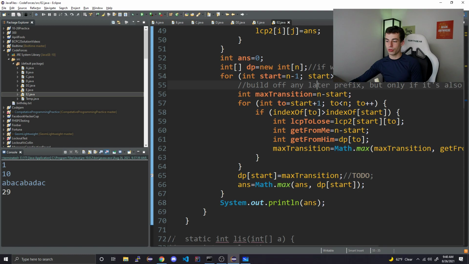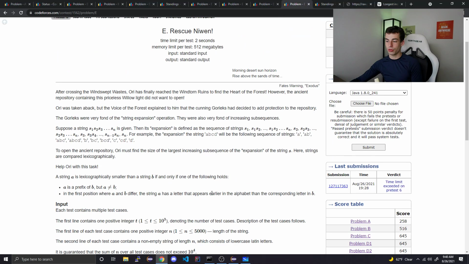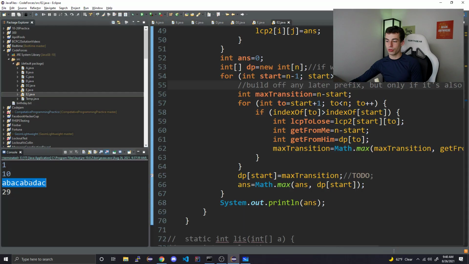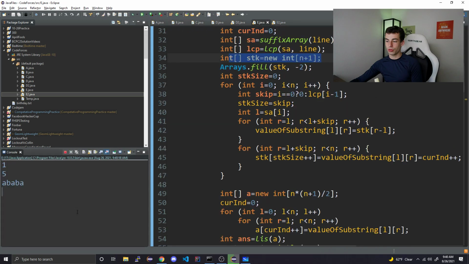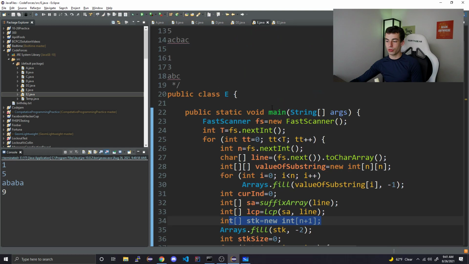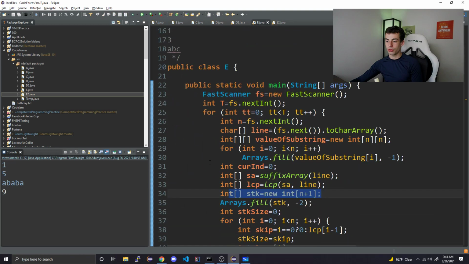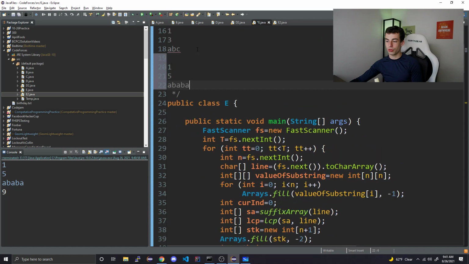Why would this be wrong? I have a break case too, even. Maybe we can get a smaller one. So what if we have like, okay, good. There you go.